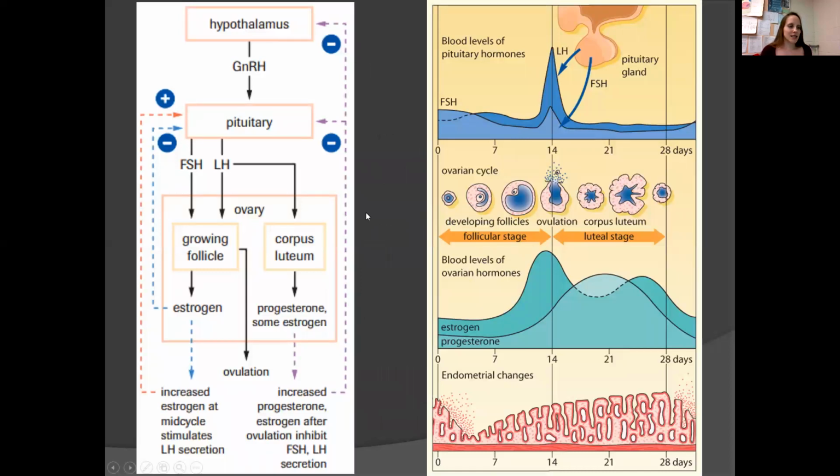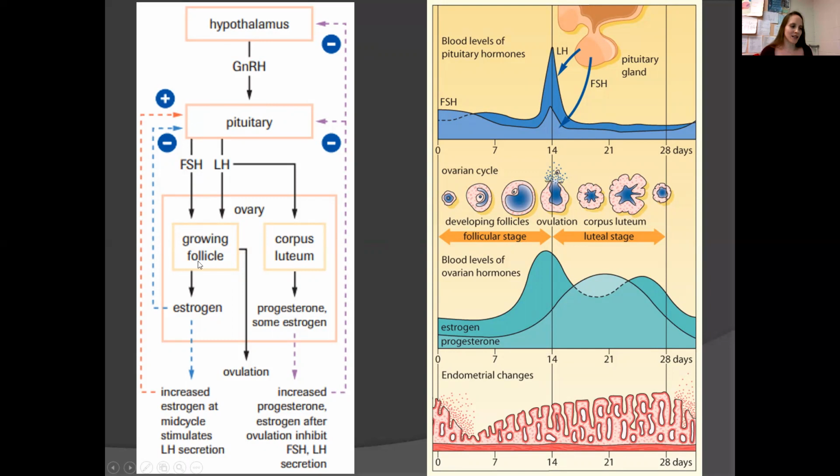Okay, so on this side here, this white flow chart kind of shows how this is happening. I will draw out a flow chart as well to go over this. But essentially at the top there, you have the hypothalamus releasing gonadotropin releasing hormone that goes to the anterior pituitary and first causes the release of FSH.